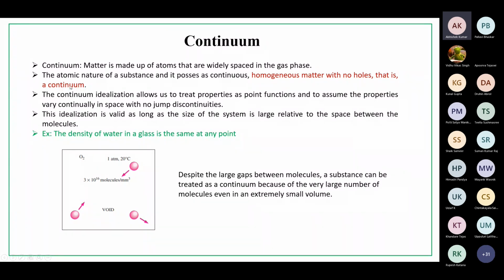Suppose you have gas in one particular vessel. Gas means it is all molecules, and each molecule is separated, but still we consider it as homogeneous matter.